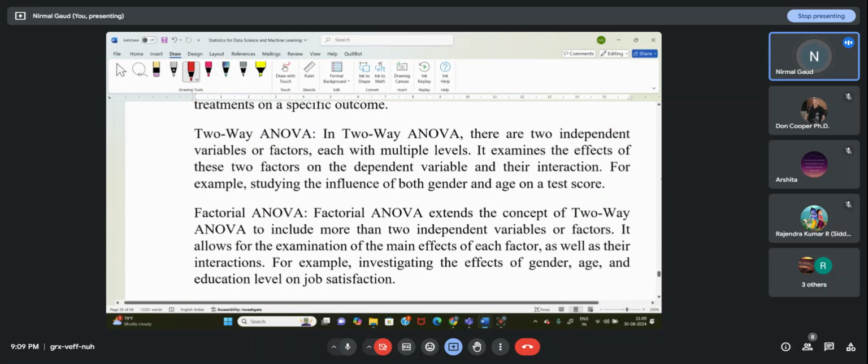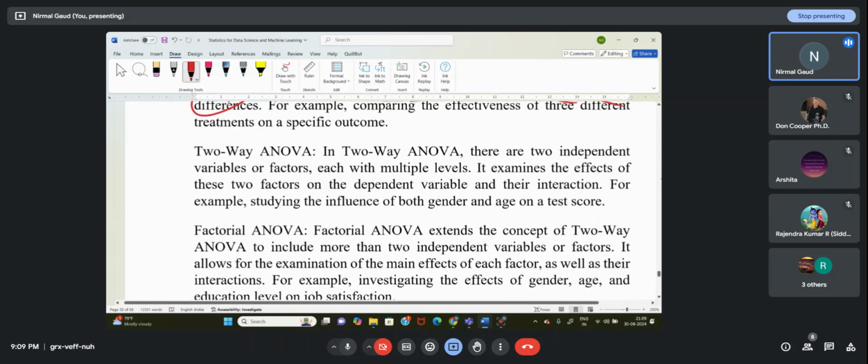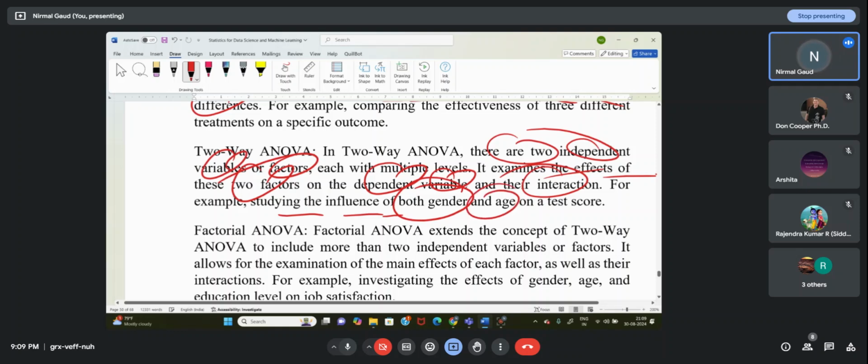Then we are having two-way ANOVA. There are two independent variables. So in one way, one variable; two way, two variables. It examines the effect of two factors on the dependent variable with their interaction. That means studying the influence of both gender and age on the test score.